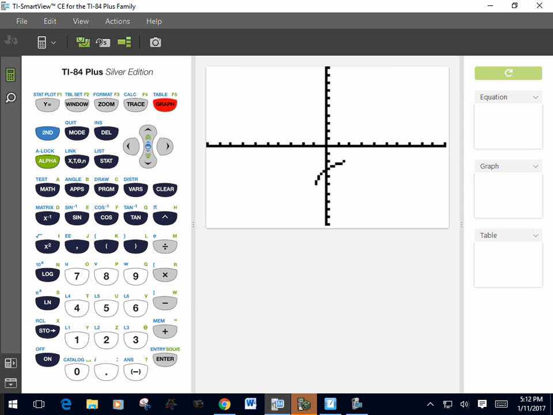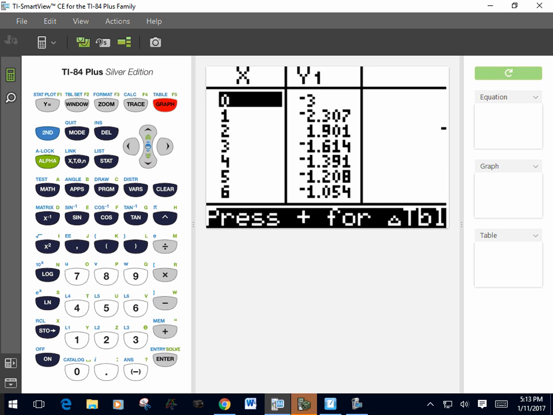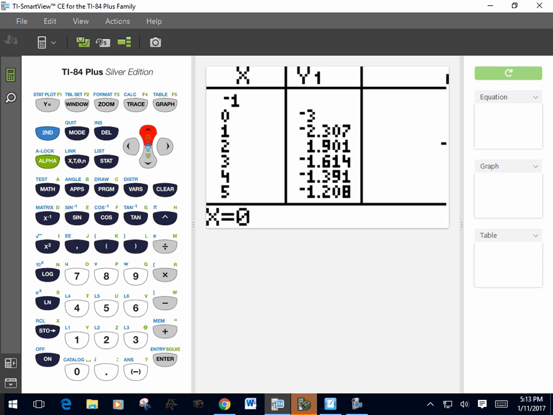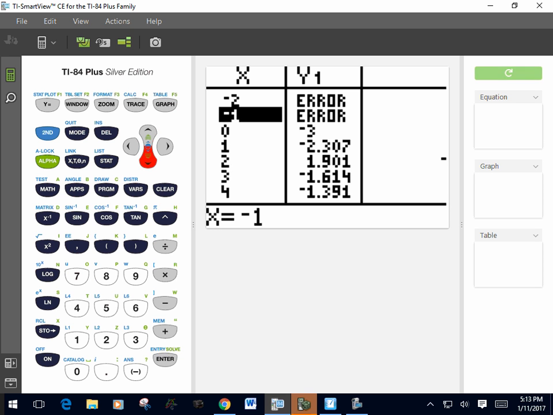And if we graph that, we can see that it went to the left 1 and down 3. If we look at our table, you can see this nice point here at 0, -3.